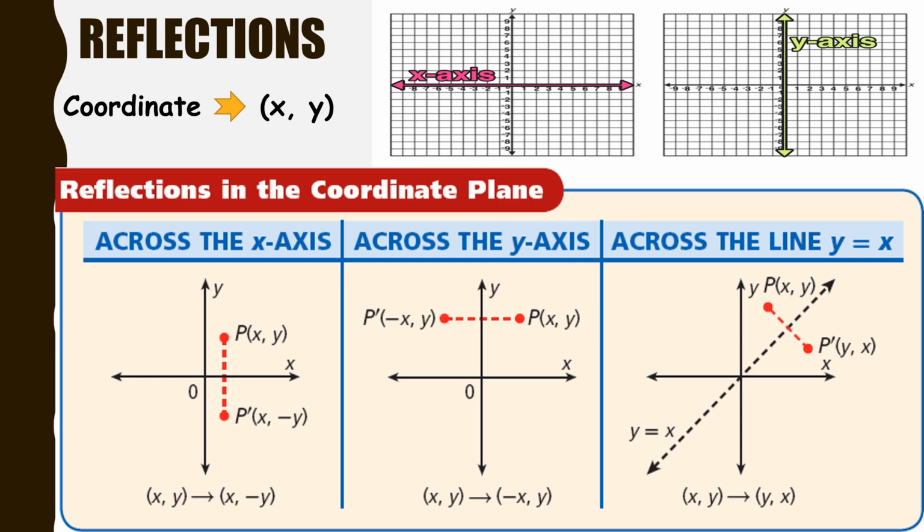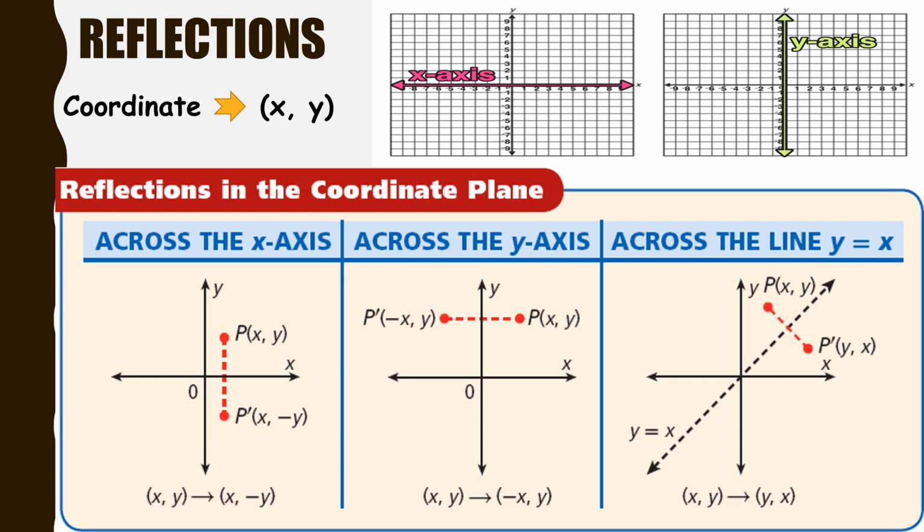So when you're reflecting across the x-axis, the x coordinate remains the same while you multiply the y coordinate by -1, meaning that the x coordinate remains the same and you negate the y coordinate.